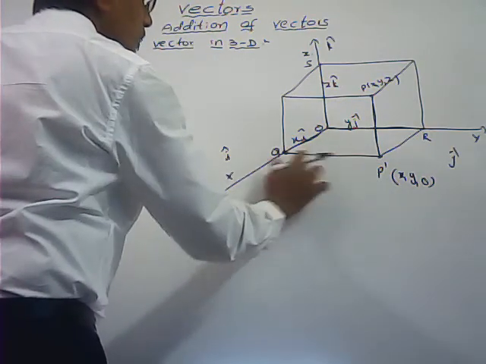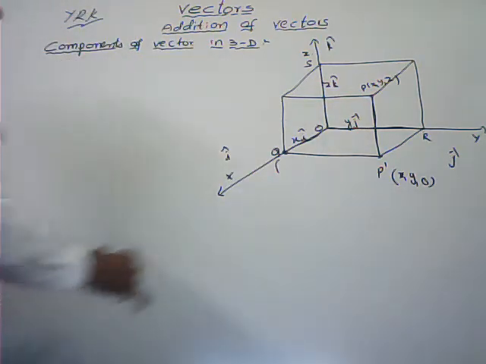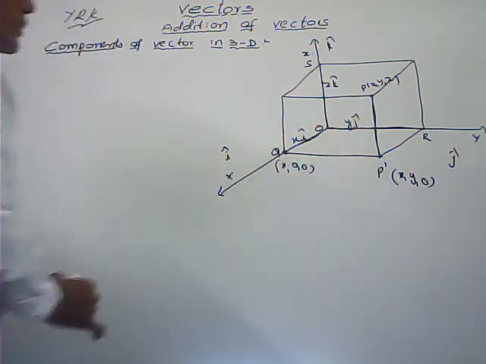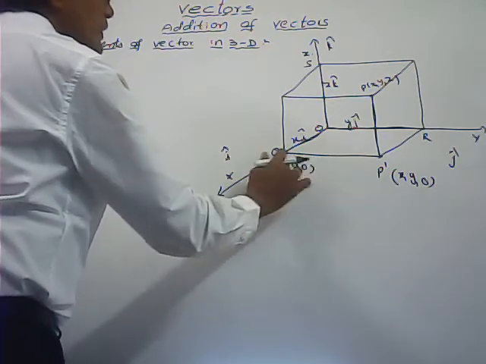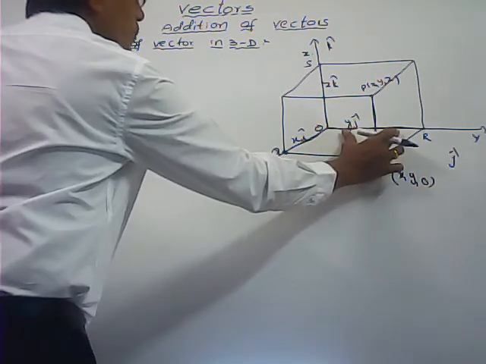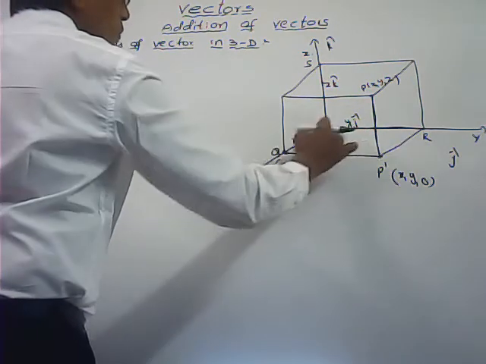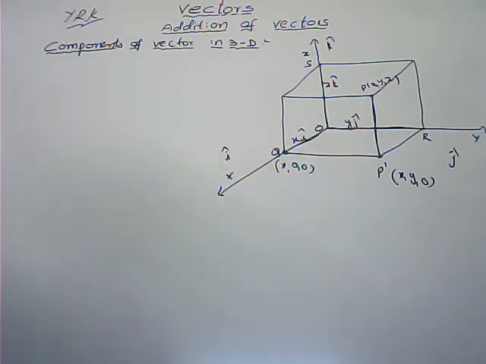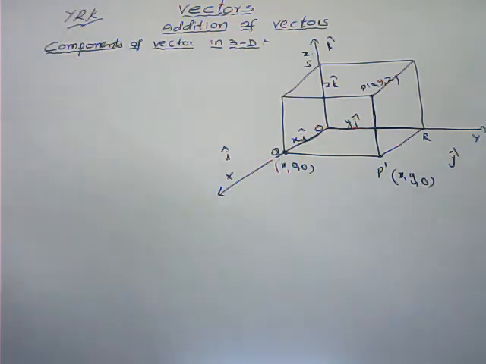Now, what is the distance between these two? Here Q is the foot of the perpendicular of P on the x-axis, and on the x-axis the remaining coordinates are 0 only: x, 0, 0. The distance between these two is the modulus of y. These two are parallel, a parallelogram type only. QP dash and OR are equal vectors; their magnitudes are the same.